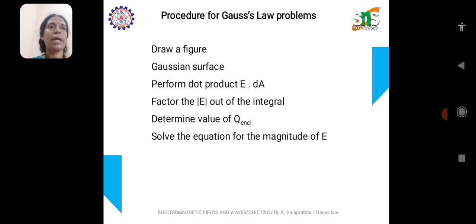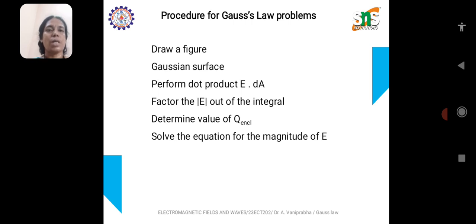And so as to identify the charge enclosed, as per the law, the flux through any closed surface is equal to the charge enclosed by that surface. As per the law, we have to identify a suitable Gaussian surface which is perfectly mapped with the element whose charge or field intensity we are going to identify.